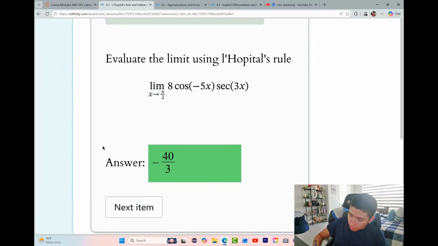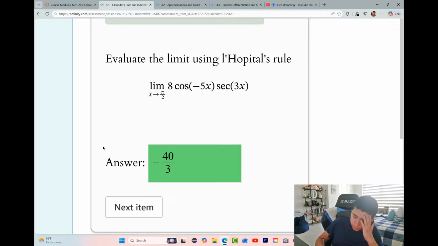So we have the limit as x tends to pi half. Oops, that arrow doesn't look very good. Of cosine of negative 5x times secant of 3x.